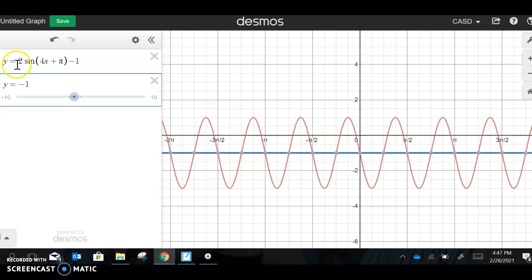I knew the amplitude. I know it's shifted down 1. Usually my center line is at y equals 0, but I'm shifted down to y equals negative 1. Okay? That's what all that means. The phase shift is negative pi over 4. It's d over b.